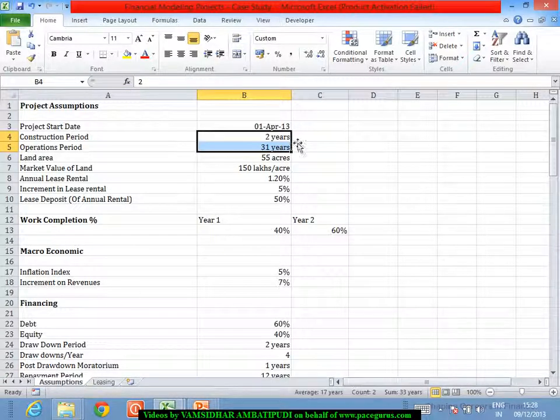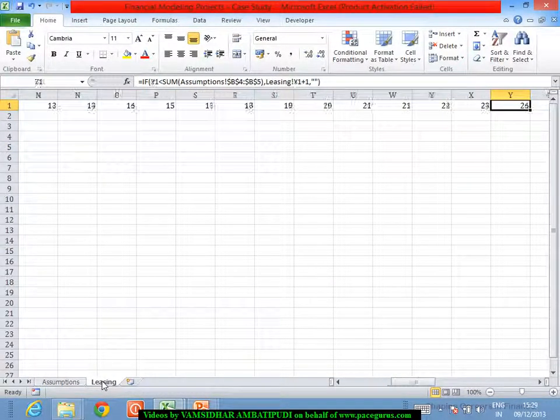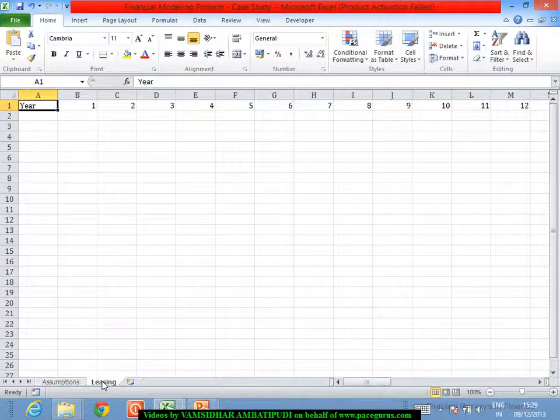Just for example, instead of 2 years of construction, I am talking about 4 years. So the total duration should be 35 years. And when I come here, I should see that my time period shown is 35 now instead of 33. That is how the model can become more and more robust for us.